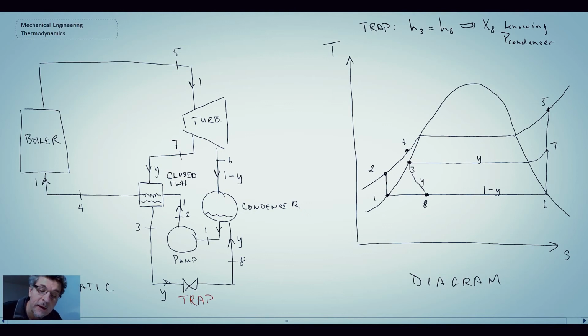And then the other thing is looking at the first law, or basically the energy exchange in the condenser. We have a slight change where we would have Q out.